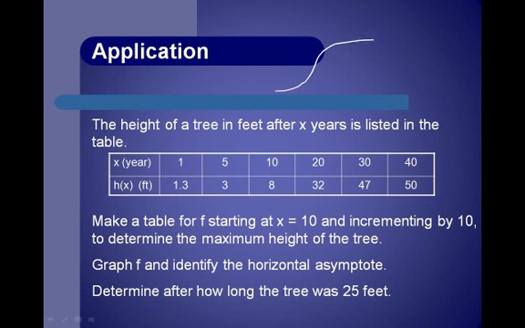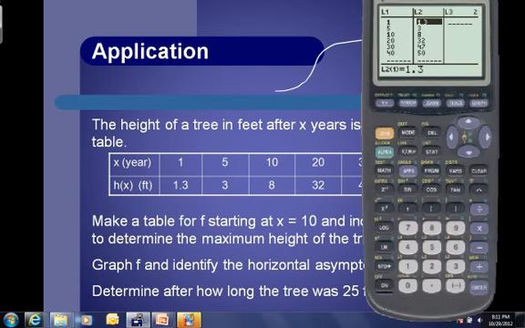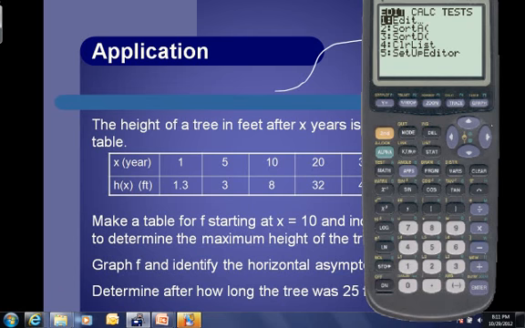So the way we would do our logistic function on our calculator is we would come in just like we did the regression. We're going to go to Stat, we're going to go to Calculate, and we're going to go all the way down to logistic. When we select our logistic regression, it takes forever because it's a pretty ugly formula.